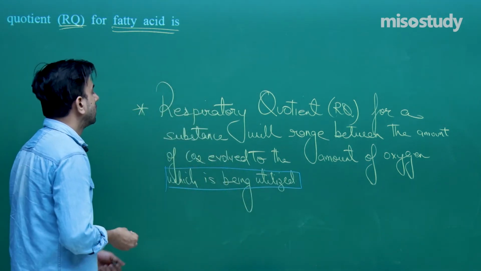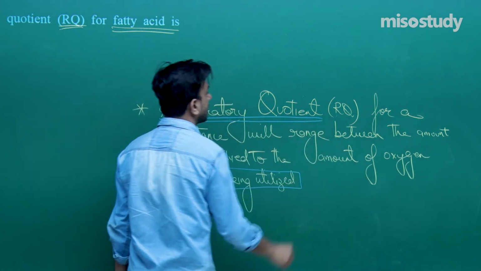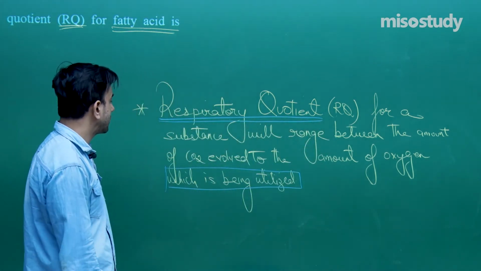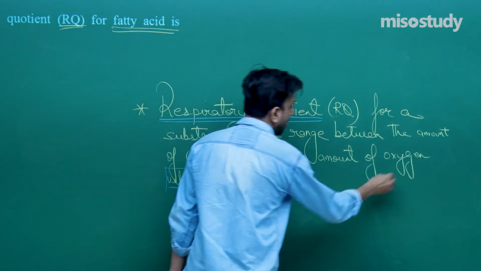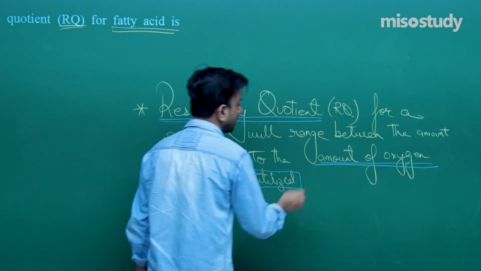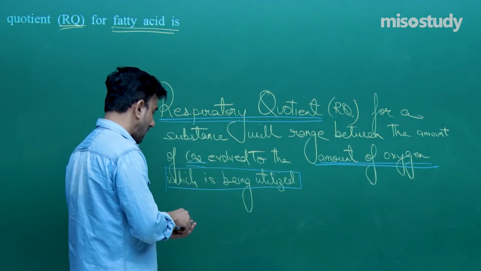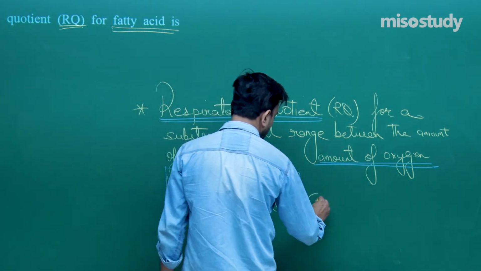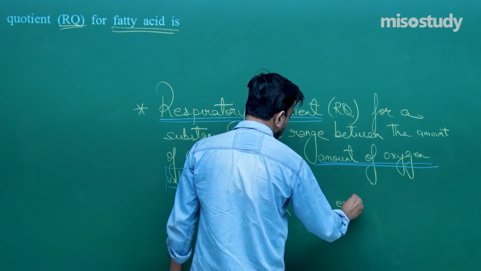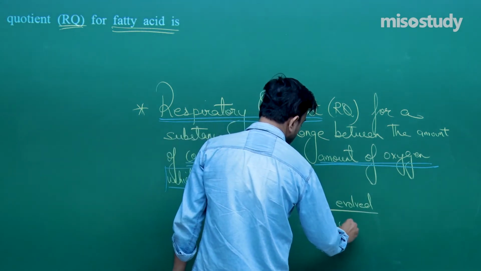Hence RQ will become carbon dioxide evolved to oxygen consumed.